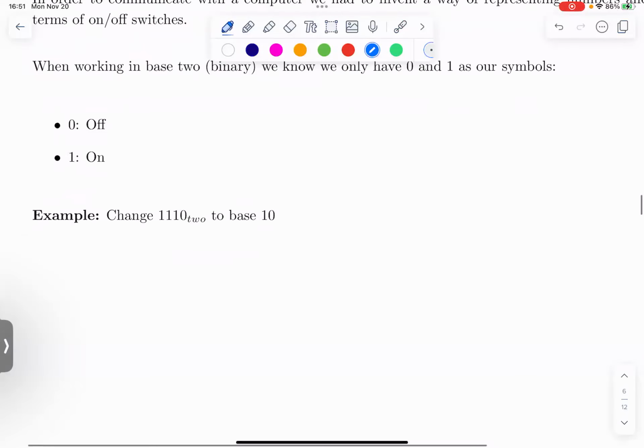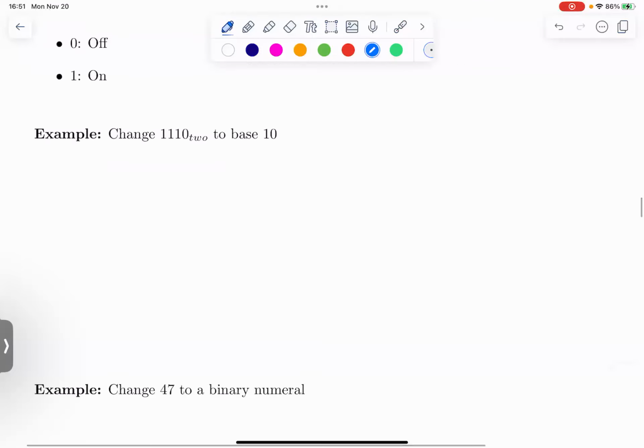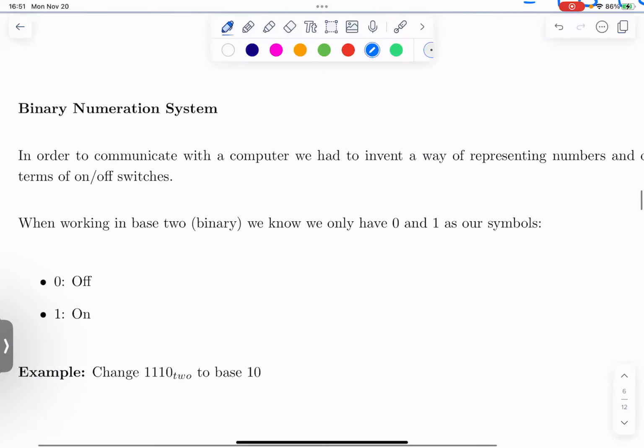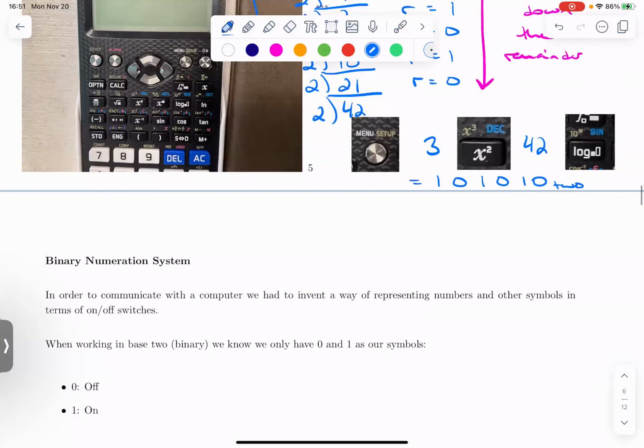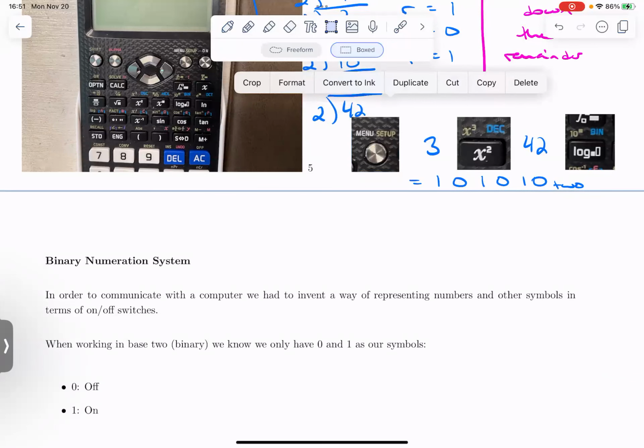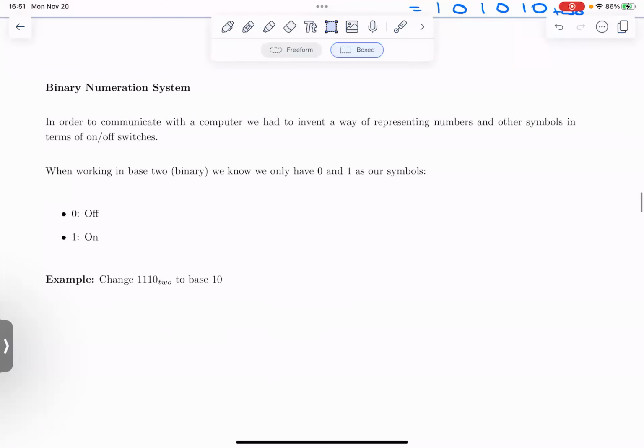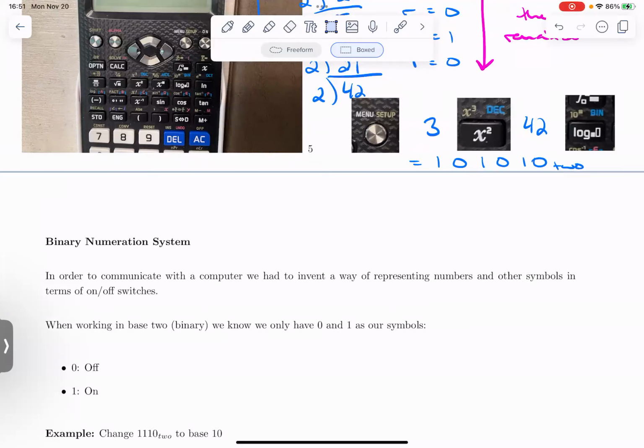Did I do it wrong? So that's 14. That's what I got. I was in binary.